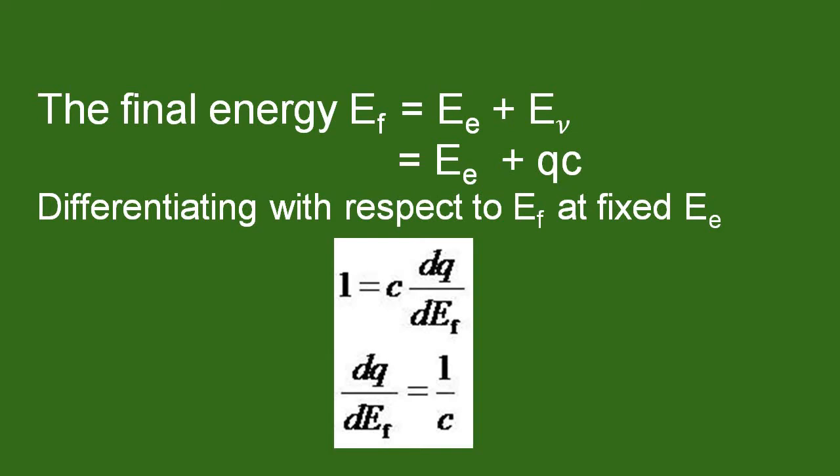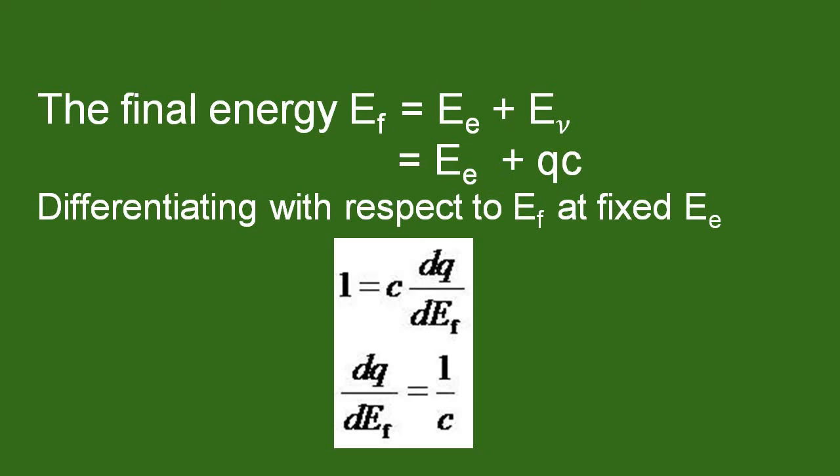And differentiating this EF at a constant EE, you will be getting dEF by dEF, differentiation of EF with respect to EF will give you 1, and EE is a constant, so it is 0.